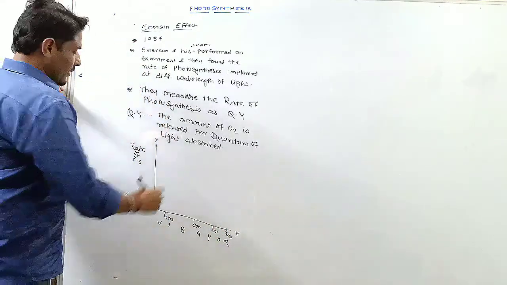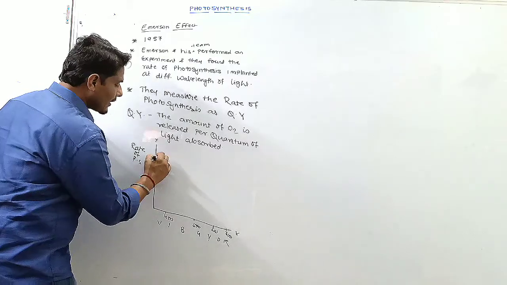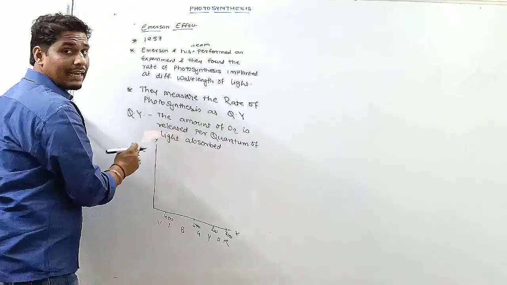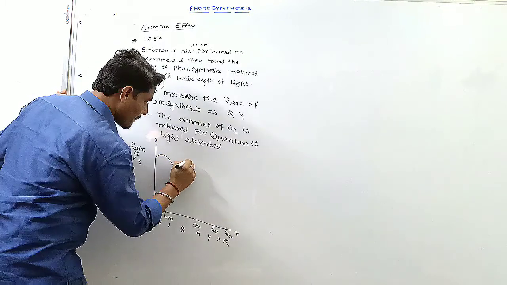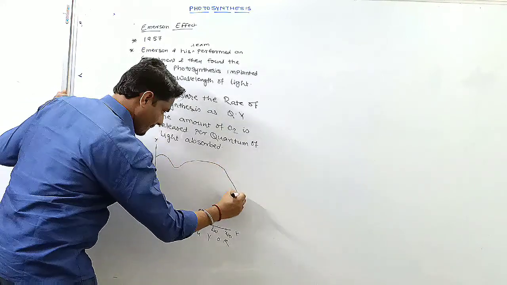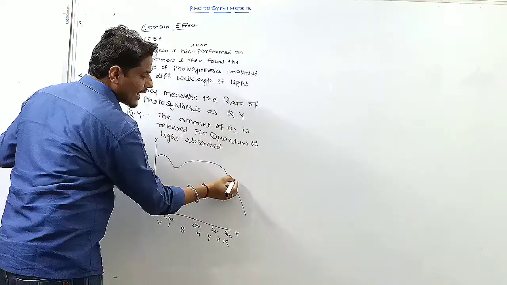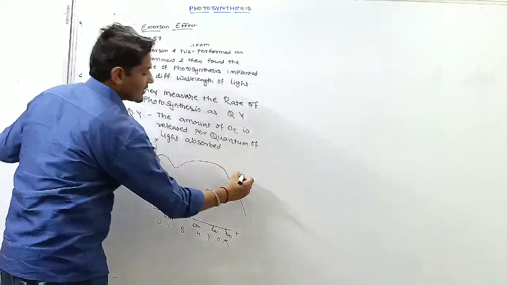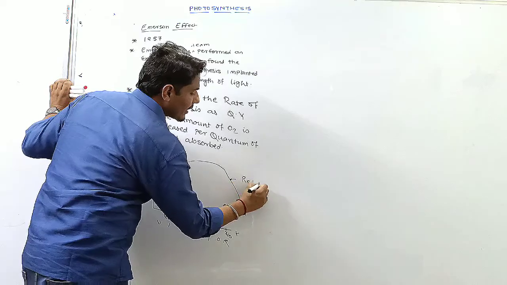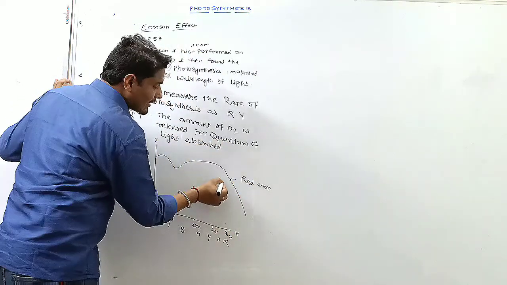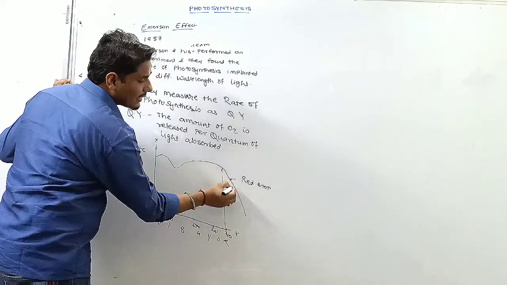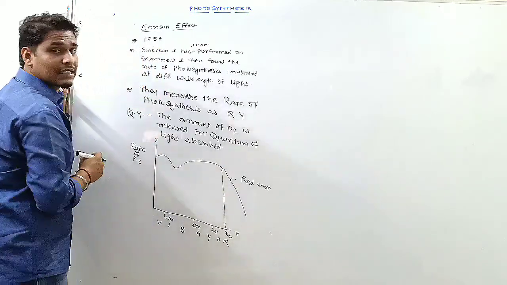Emerson observed the rate of photosynthesis decline after the red region. This decline in the rate of photosynthesis is called red drop.